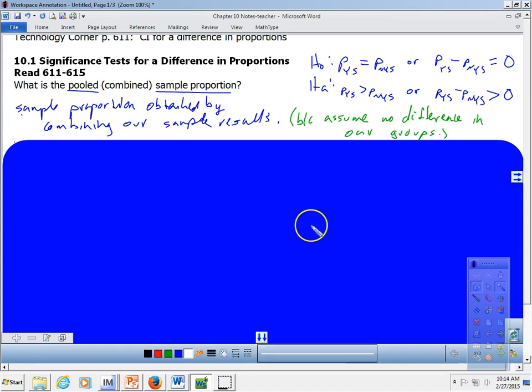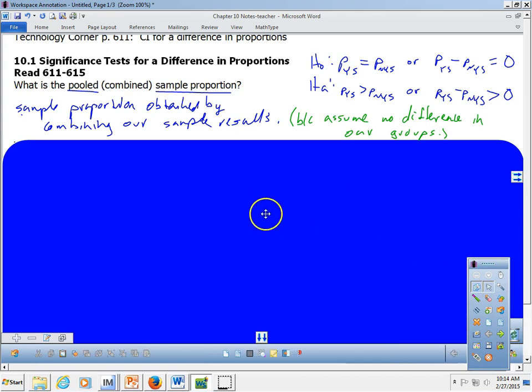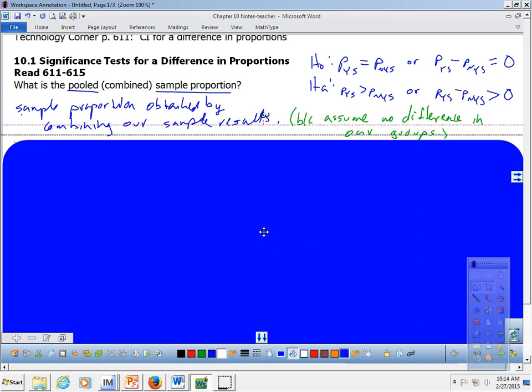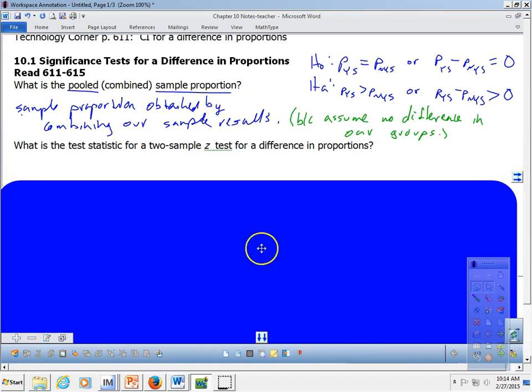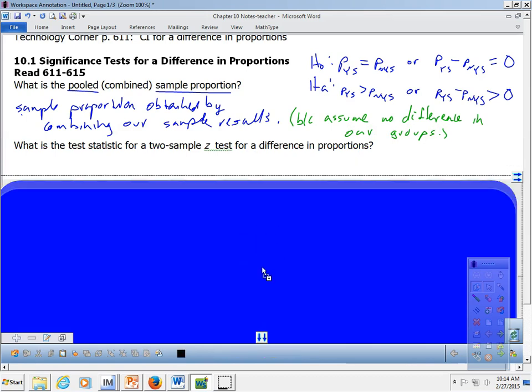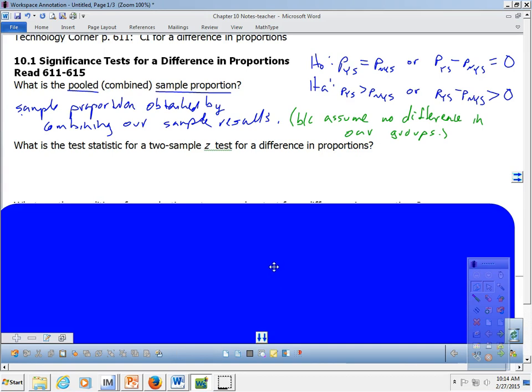Okay? So, how does that lead to our test statistic, right? Because what we know at this point from last chapter is that's the key, right? Our test statistic is what tells us, if we see a difference in our sampling, where does that difference fall in our difference sampling distribution, and what's the probability of getting that difference or a difference bigger than that just by random chance?